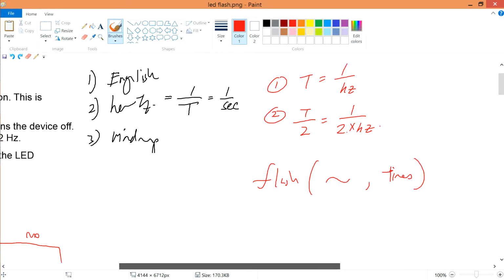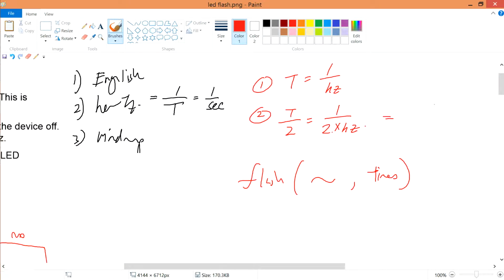So therefore I'll have equals to 1/2 times 1, which is equals to 0.5. Actually I should write it in milliseconds, because 1000 millisecond is equals to 1 second. So instead of writing that, I'll just write 500 millisecond.